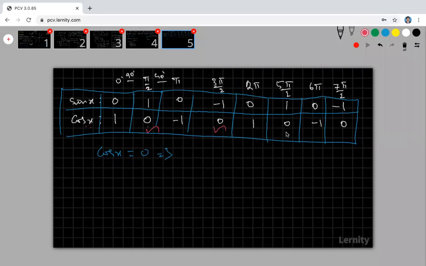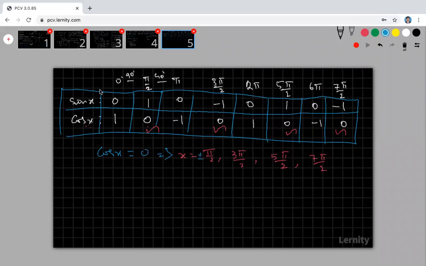Cos of 5 pi by 2 is 0. Cos of 7 pi by 2 is 0. When x is equal to 3 pi by 2, cos x is 0. When x is 5 pi by 2, cos x is 0. 7 pi by 2, it is 0. Okay? Right. But look at that. For plus pi by 2 also 0. For minus pi by 2 also 0.